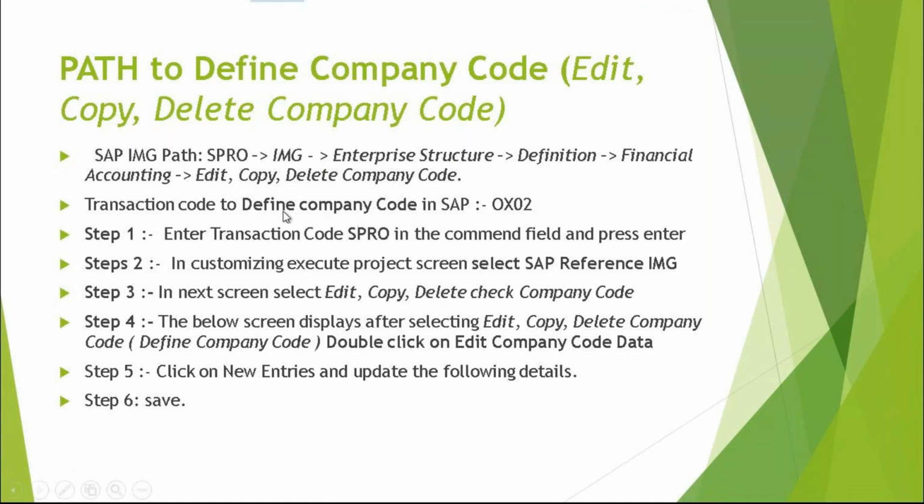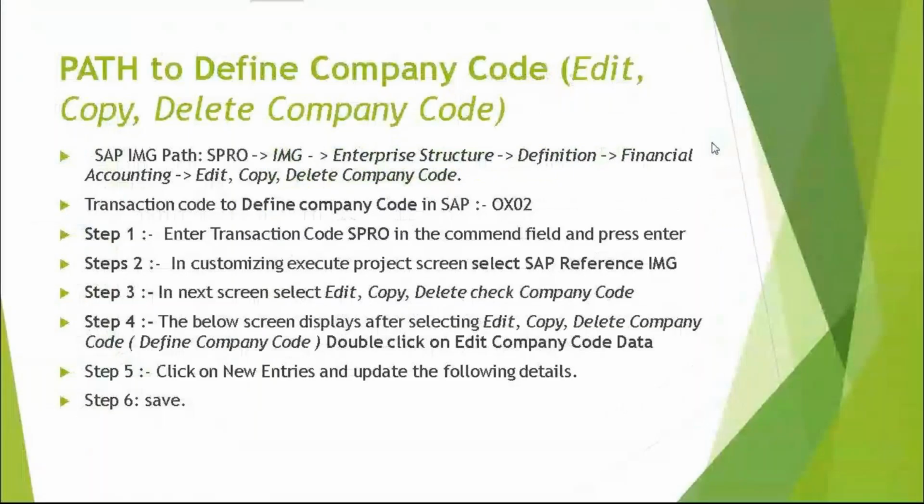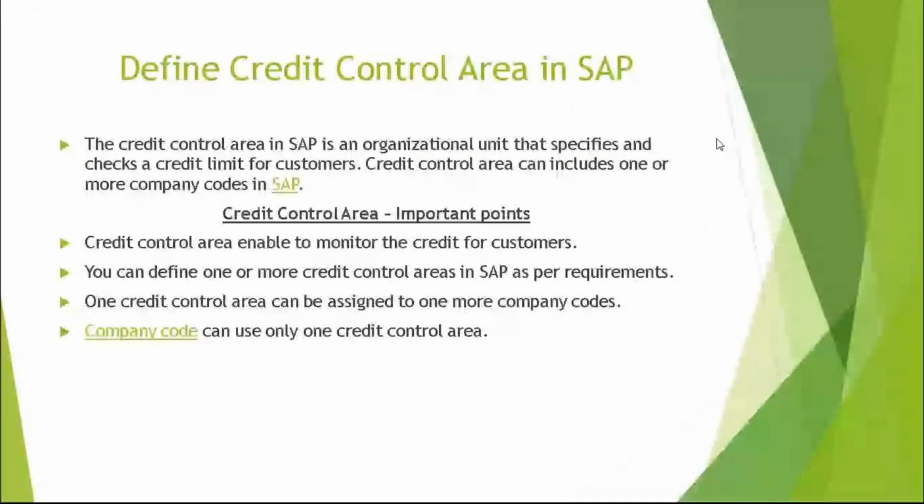So the path and T code is very important. Next, we do the credit control area. Now I told you, whenever we are doing FICO or SAP, SAP is mainly based on modules.